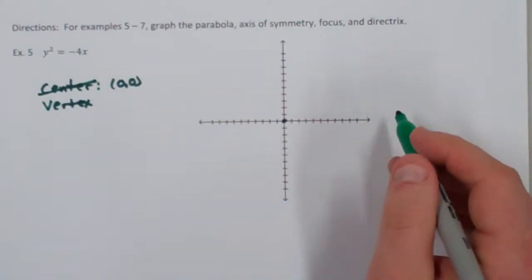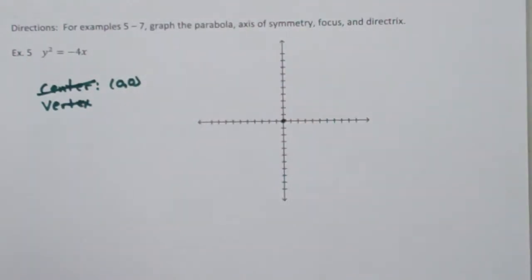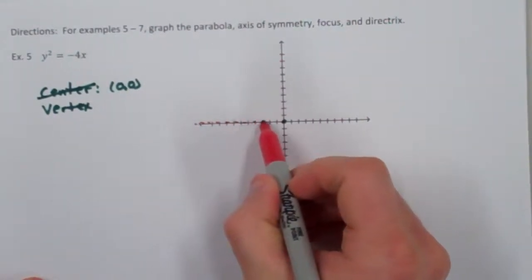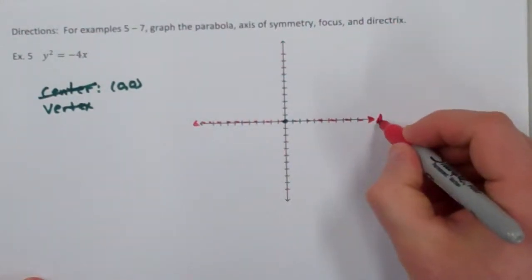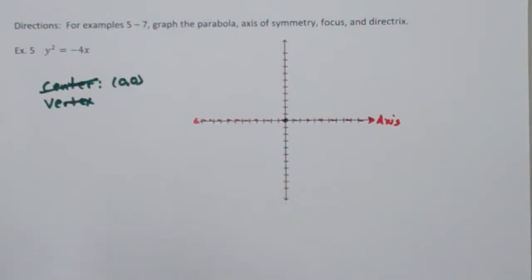So to figure out the axis of symmetry, it's going to look something like this, and if we graph that, it's just going to be the line that goes right through. In this case it's a horizontal line right here, so we can put maybe "axis" or something like that, some notation there, and that's going to go right through the vertex.